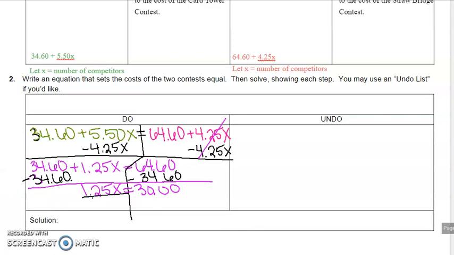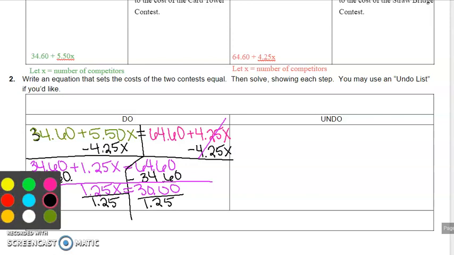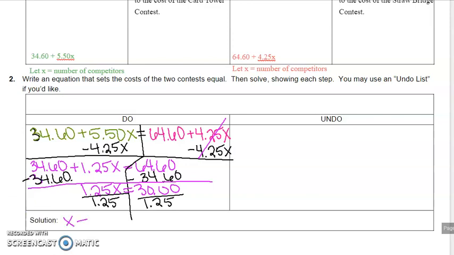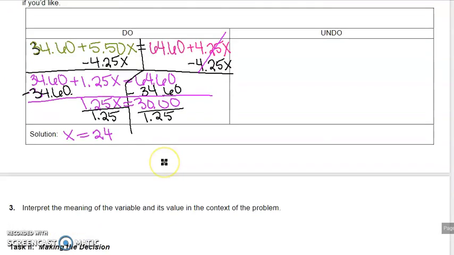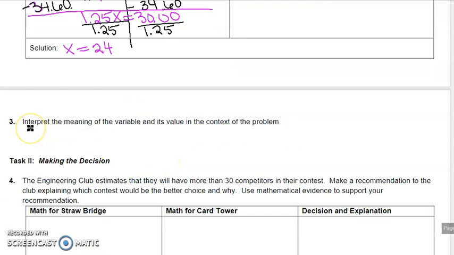Now to undo this multiplication, I need to divide. So I'm dividing both sides by $1.25. And when I do that, I get x equals 24. So try to remember what this x stands for in our situation. And go ahead and pause the video and do number 3 on your own.